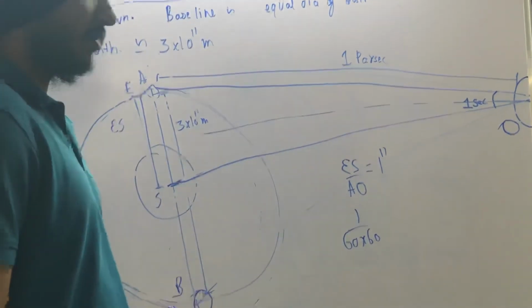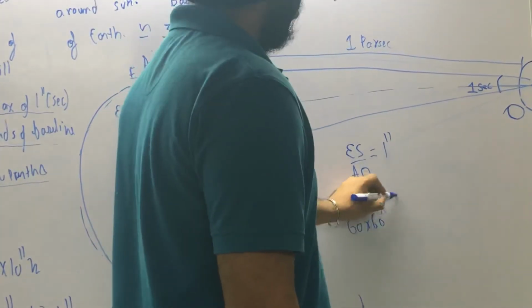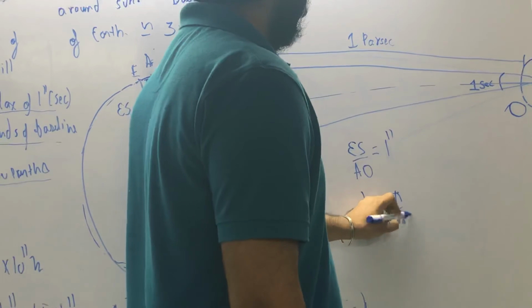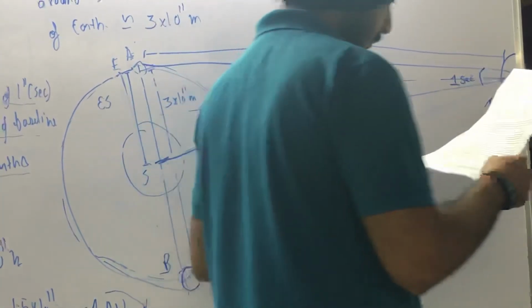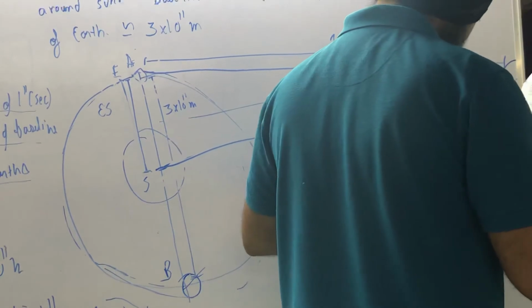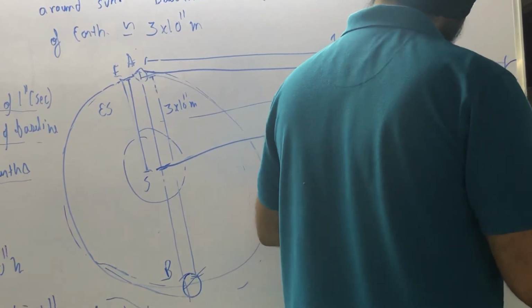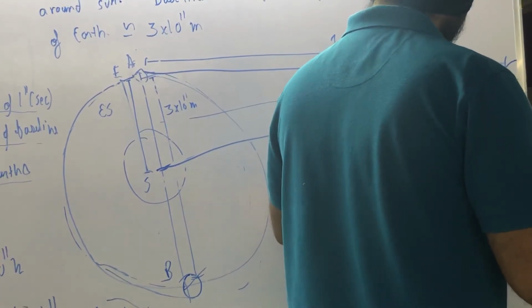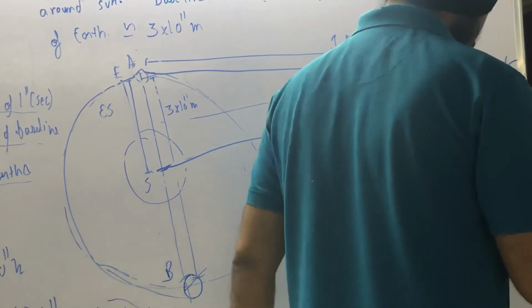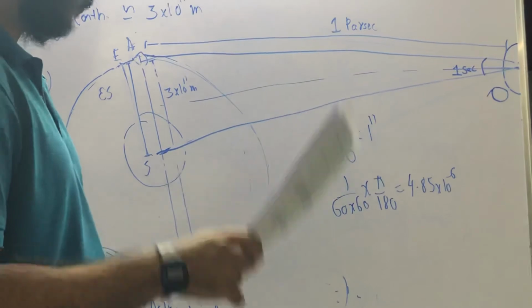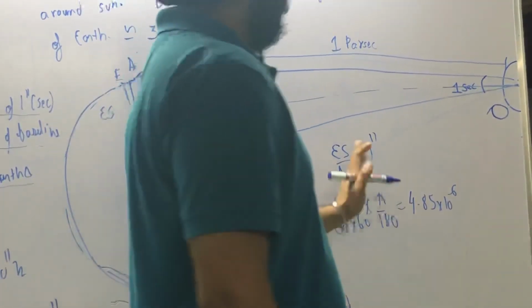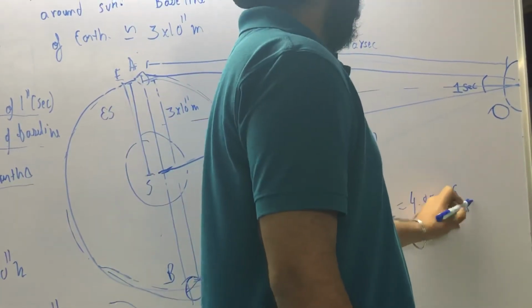Once this is done, multiply it by pi by 180 to convert it into radians. So this value is approximately 4.85 into 10 raised to the power minus 6. So this is the value of theta, 1 second in radians.